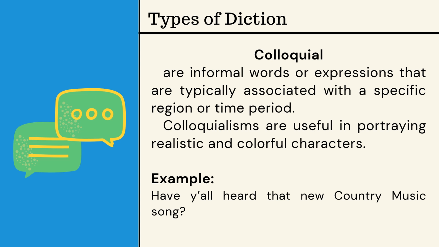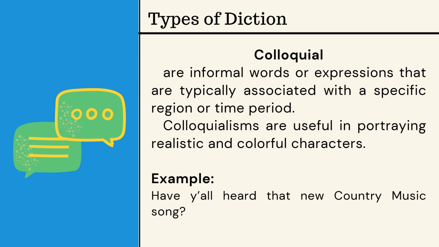Because that happens, right? And I believe once in our lives we have experienced that towards someone. Okay? So colloquial is time bound, region bound. And it could be used to portray characters who are from a certain group or from a certain time period or a certain region in our country or in any country that you could think of.